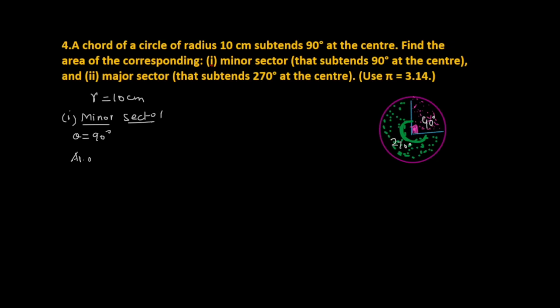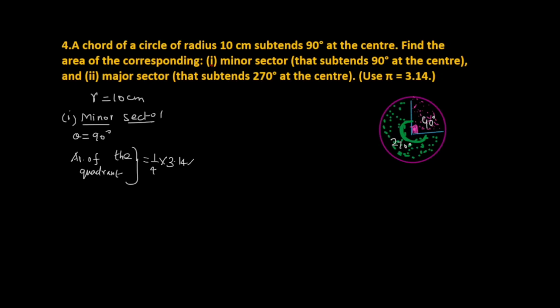Area of the quadrant or sector, whatever it may be, 1/4 pi r squared, 22 by 7. Rather than using 22 by 7, because 10 is there, we can use 3.14 for pi value. In the question itself it is given, use 3.14.